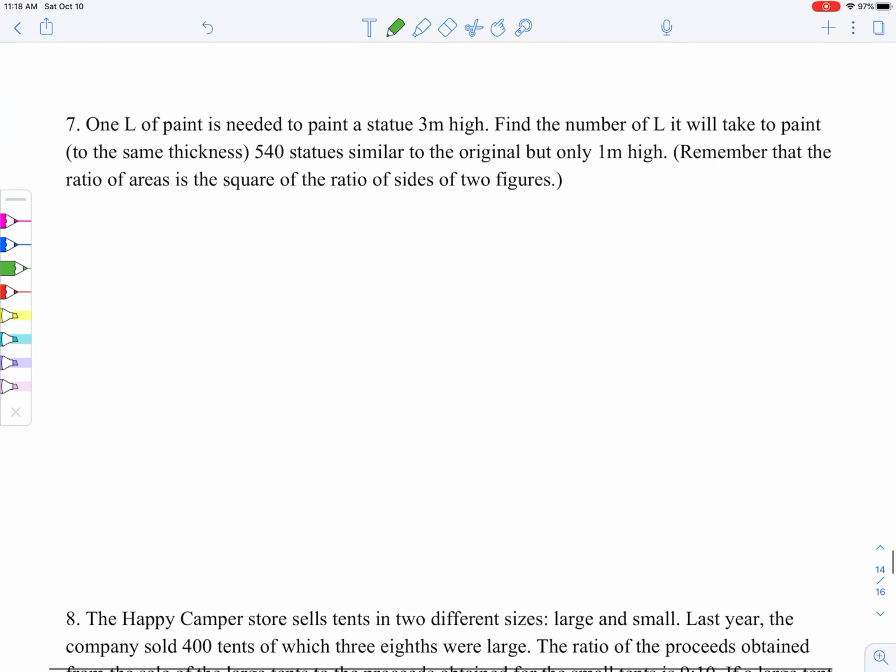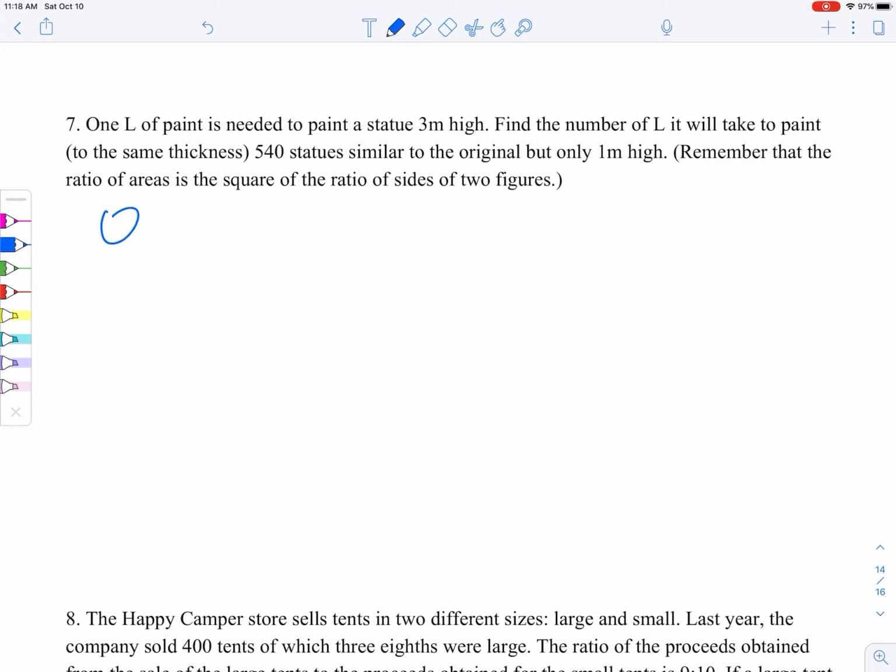We're going to use the same thing with the ratios to look at another question about painting statues. So 1 liter of paint is needed to paint a statue 3 meters high. Find the number of liters it will take to paint to the same thickness 540 statues similar to the original, but these ones are only 1 meter high.